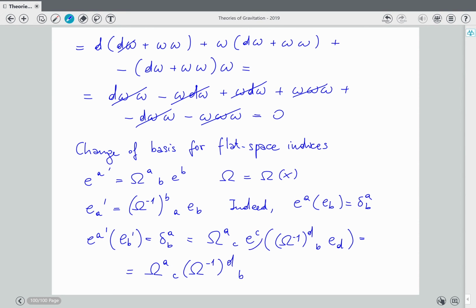Then you have e^C(E_D), which is a delta of C and D. So this is delta AB.